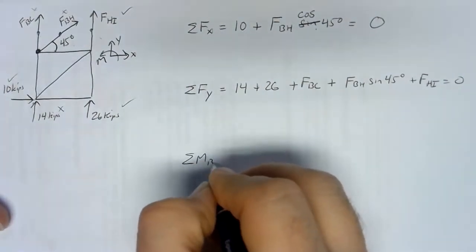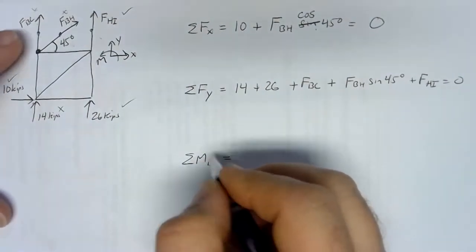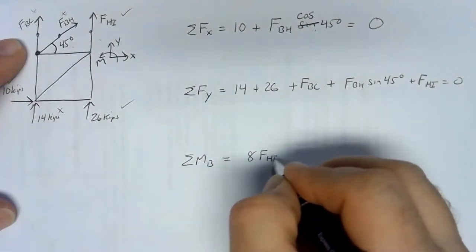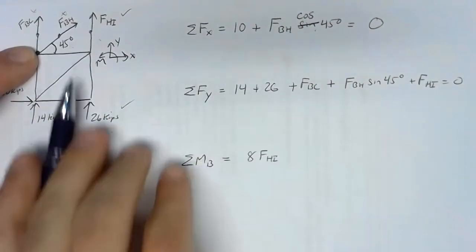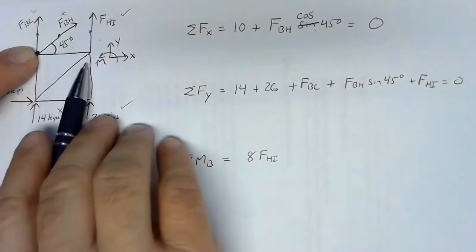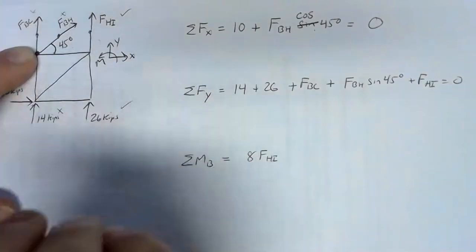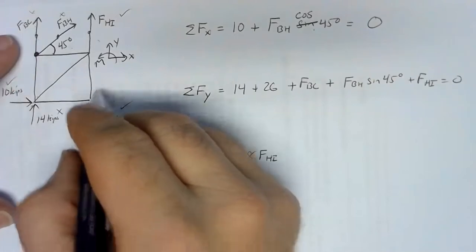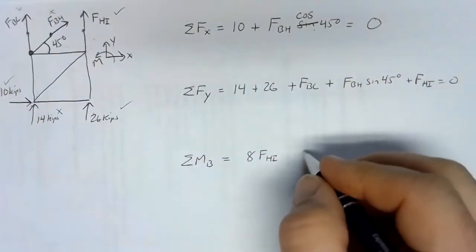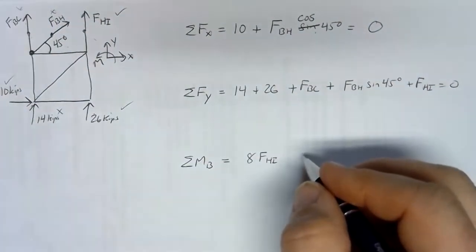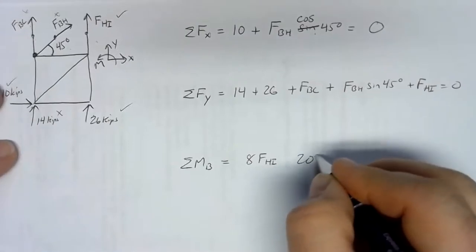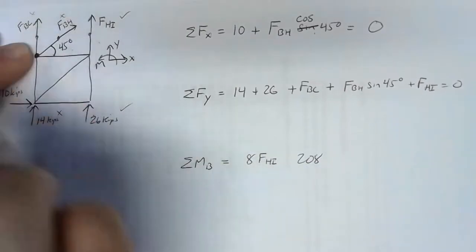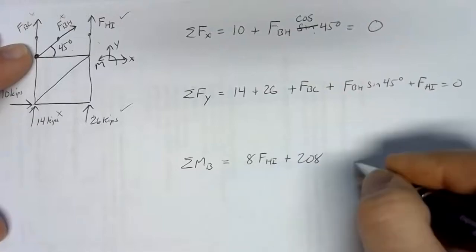So sum of moments about B. Well, we've got FHI 8 feet away, so 8 FHI. If we pin at B and push up or pull up at H, we'd have a counterclockwise moment, so that's positive. The 26 is also 8 feet away, so we've got 8 times 26, 208. Pinned at B, pushing up, counterclockwise, so positive.